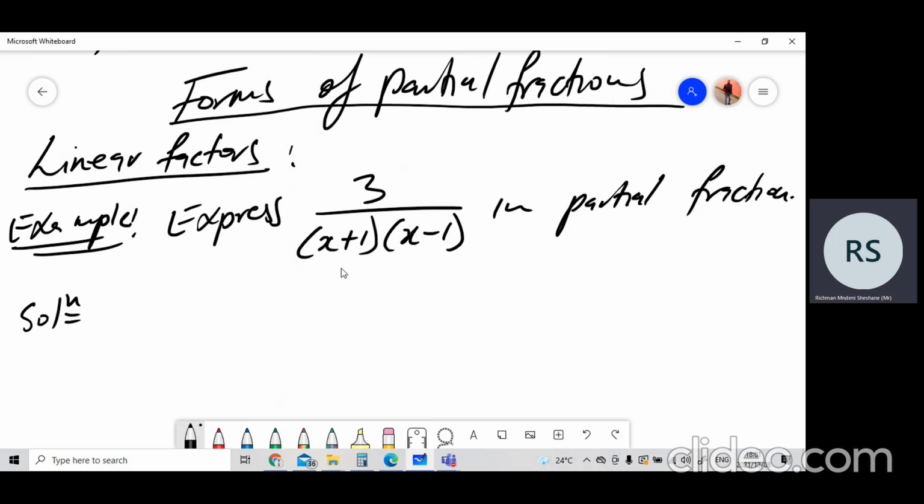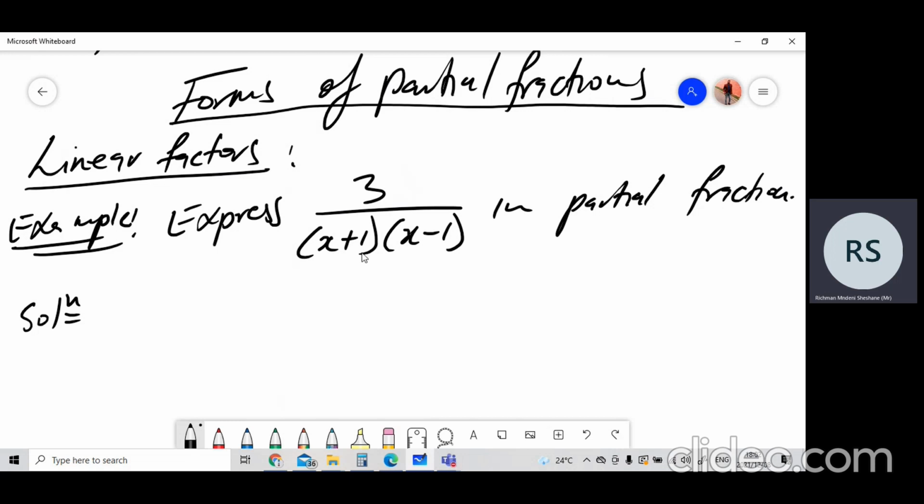In your expression, you check the degree, the highest power in the numerator, which should be less than in the denominator. In this case, the numerator is 3x to the power of 0, so the highest power of x is 0, and in the denominator, after multiplying the brackets out, the highest power is 2. The degree of the denominator is 2, which means we're able to put this into partial fractions.